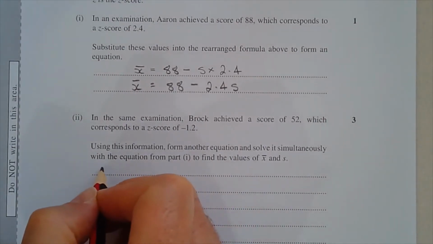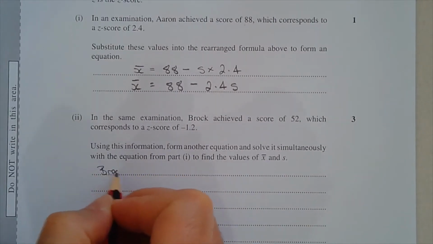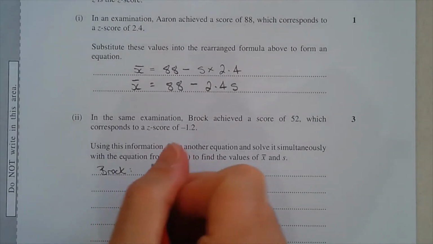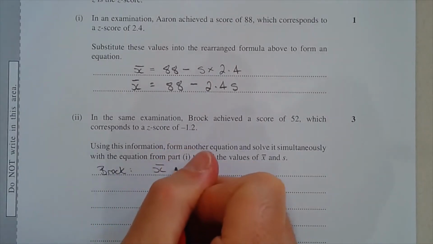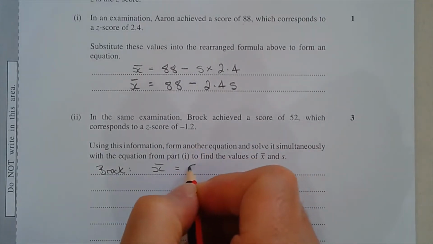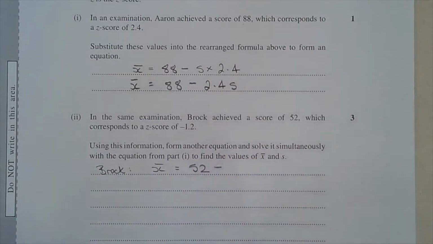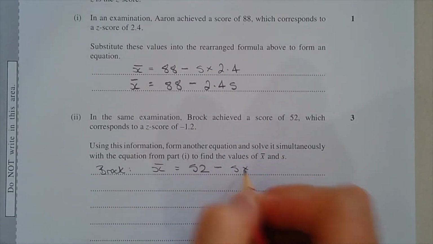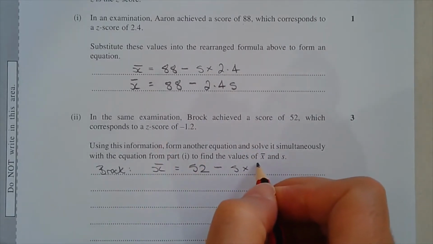This is Brock's score. X bar is equal to 52 minus the standard deviation multiplied by the Z-score of negative 1.2.